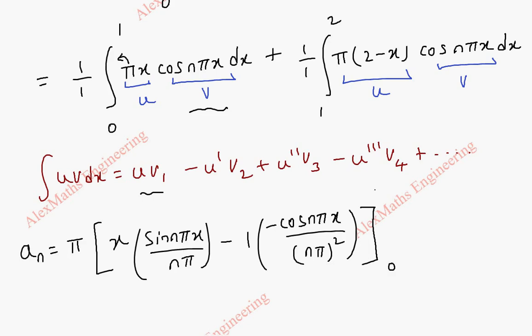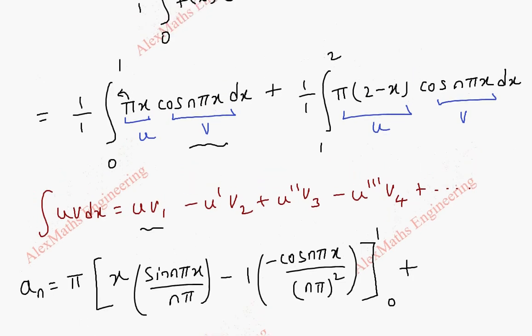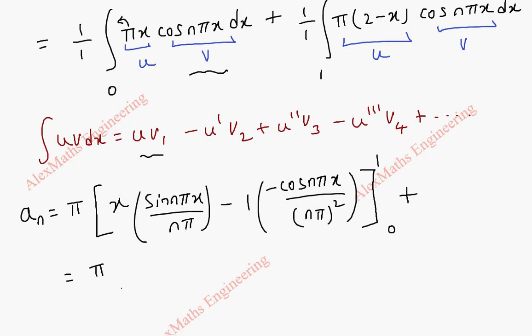So we put the limit 0 to 1 plus. Again, coming to the second part, we have pi outside. Then after that, u, which means actually it is a continuation of this.